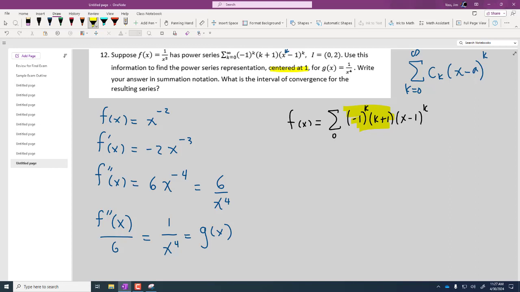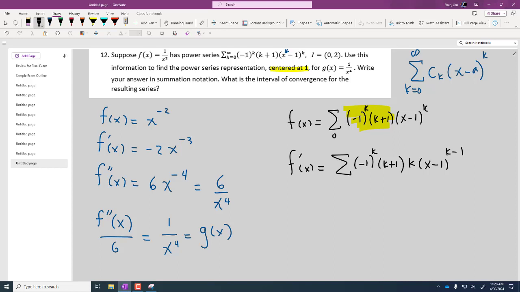It doesn't matter if it's -1 to the k, -1 to the k plus 1. If it's a constant, it just comes down. So for the first derivative, this is a constant, it just stays out in front like it always does. Bring down the k, subtract 1 from the k. The constant part just keeps on coming down.